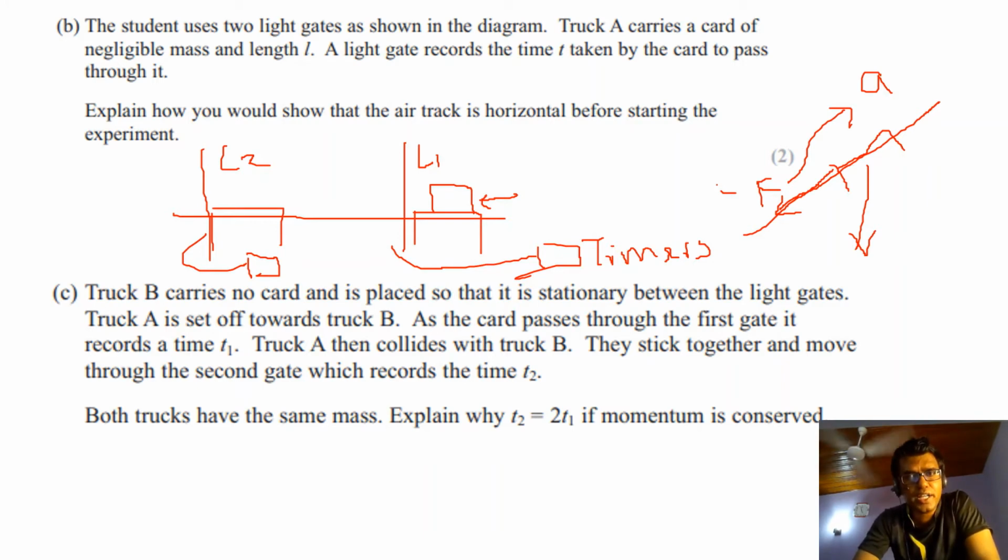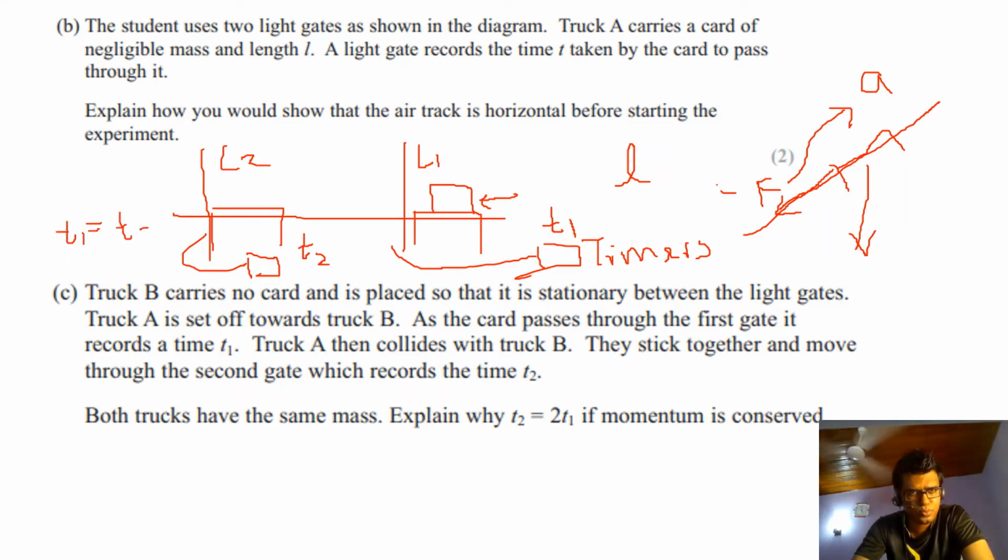So the length of the cart is constant. If the velocity is constant, the time taken for the cart to pass the first light gate should be the same as the time taken to pass the second light gate. So then T1 should be equal to T2, right?